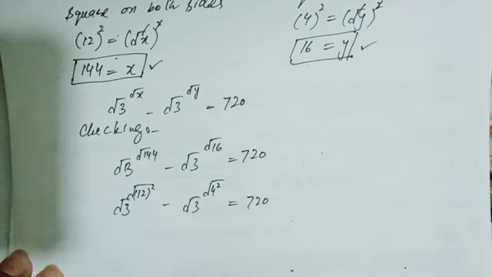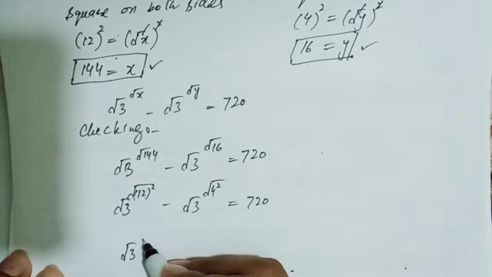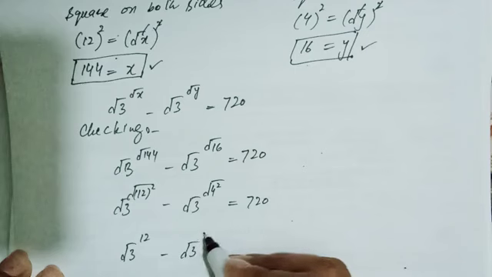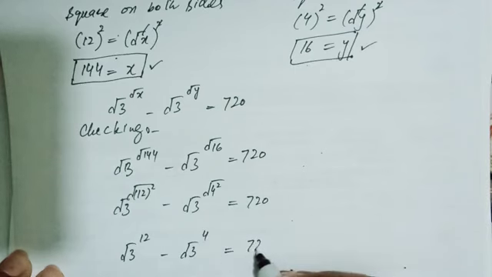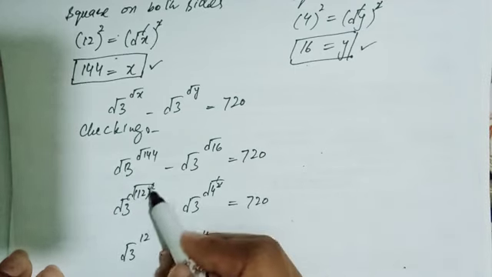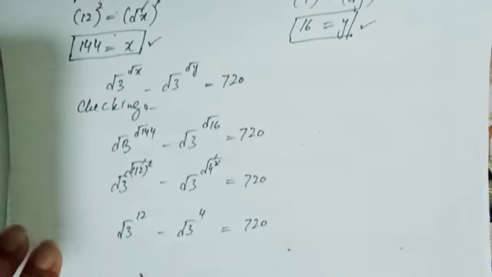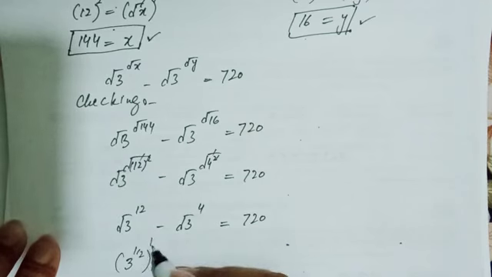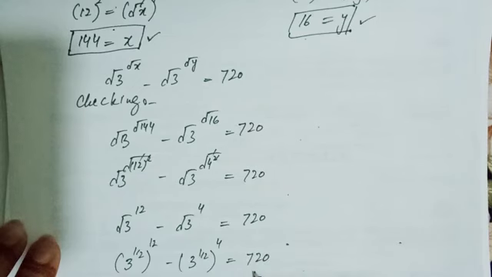It will be square root 3 to the power 12 minus square root 3 to the power 4, which is equal to 720. Square cancels with square root. So further I can write this as 3 to the power 1 by 2, to the power 12, minus 3 to the power 1 by 2, to the power 4, which is equal to 720.